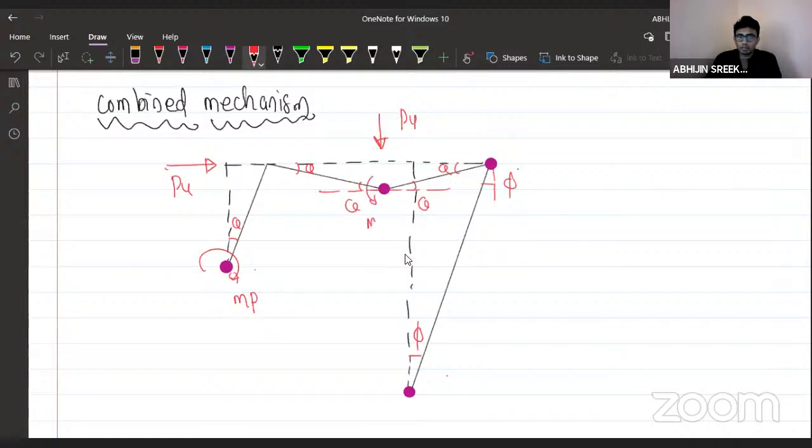Everywhere it will be MP, and finally this will also be MP. I'm going to take it as delta 1 and this as delta 2.